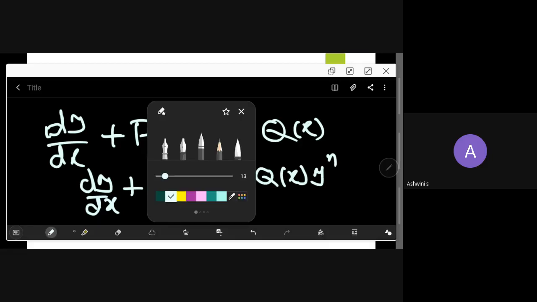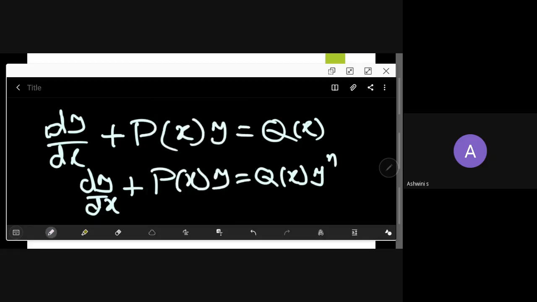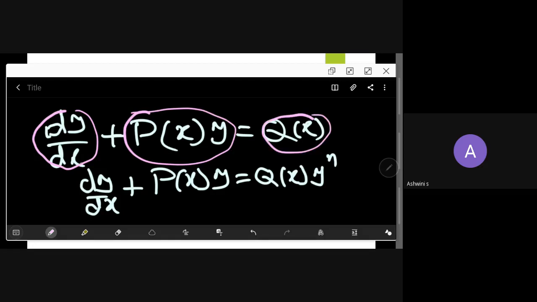Here, this is one term, this is another term, this is the third term. In the first term you have only one instance of y, which appears as the first order derivative of y with respect to x. In the second one, you have only one instance; this is a product, p(x) into y. In p(x) there is no instance of y, so you have y only once. In the third term, there is no y.